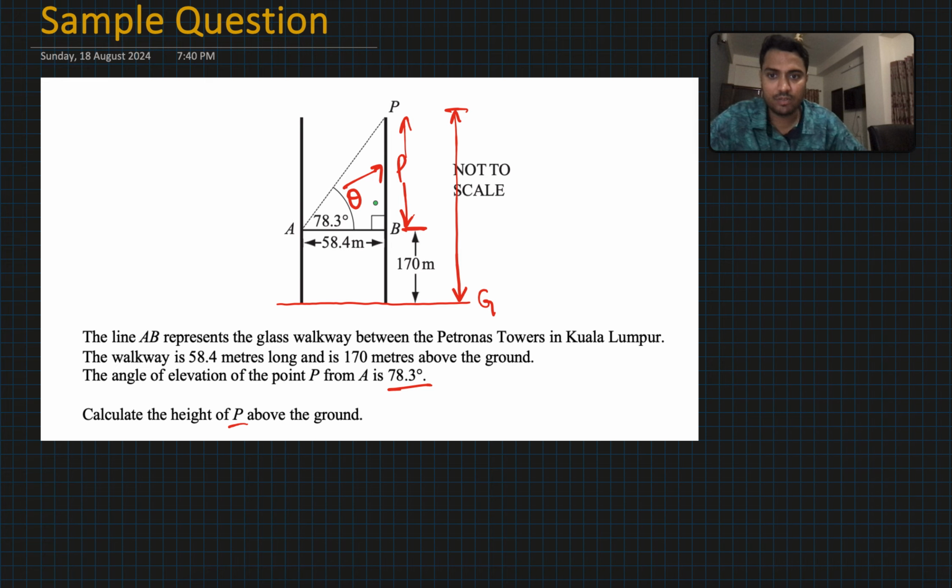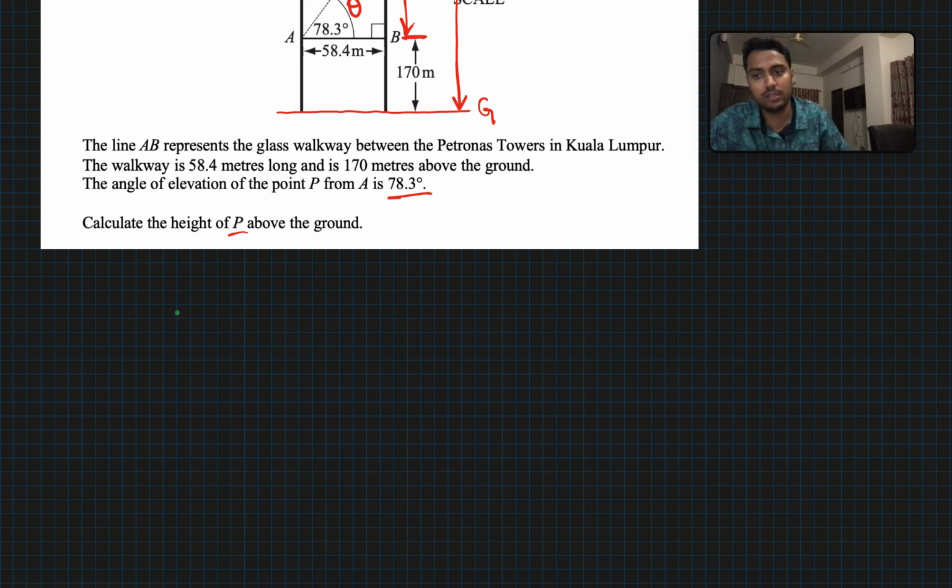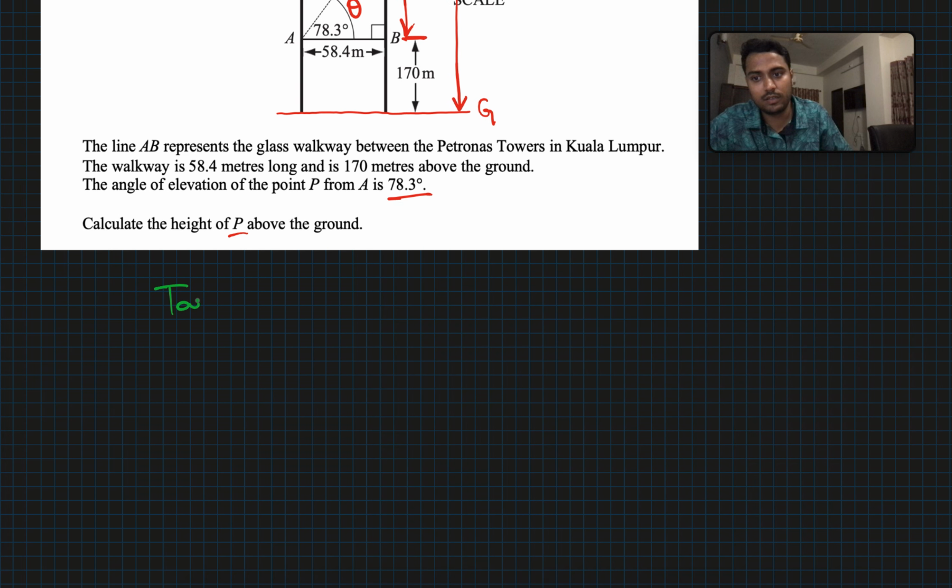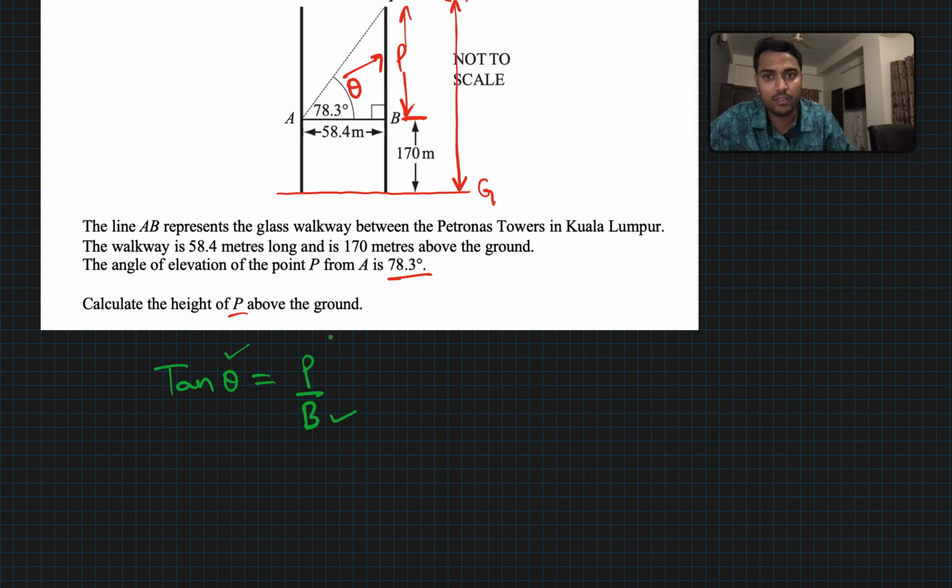In this case, we have to work out the value of P, and the base is given to us. So out of the three trigonometric ratios, we have to use tan, because tan theta gives us the ratio of P by B. We have the value of theta, we have the value of base length, but we don't have the value of the perpendicular.